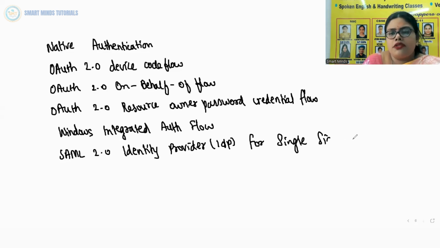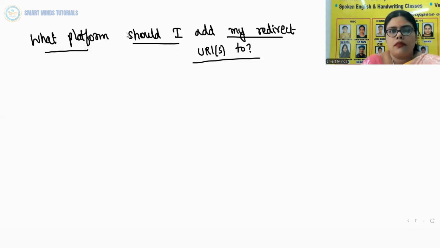So if you are using any one of these protocols, then you don't have to add a redirect URI to your app registration. Now let us see what platform I should add my redirect URIs to. If the application you are building contains one or multiple redirect URIs in your app registration, then you need to enable a public client flow configuration.